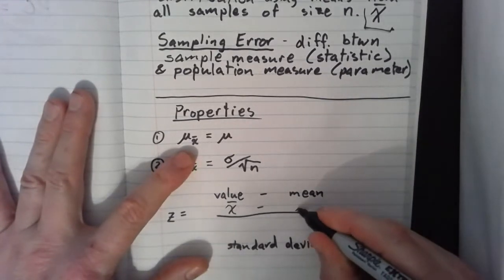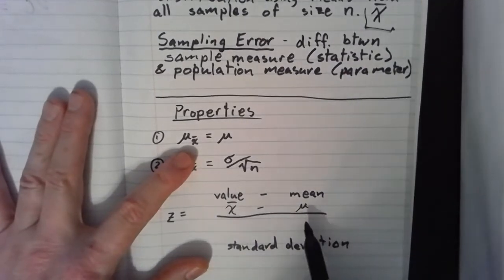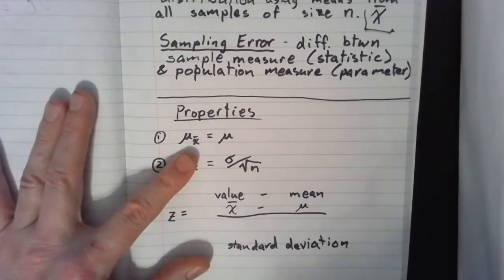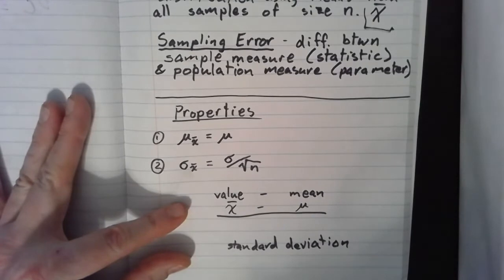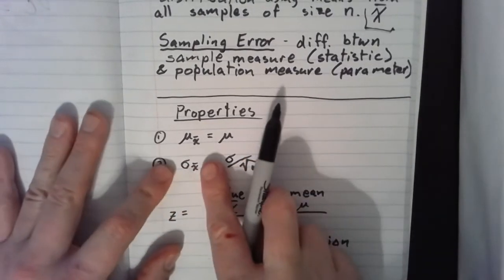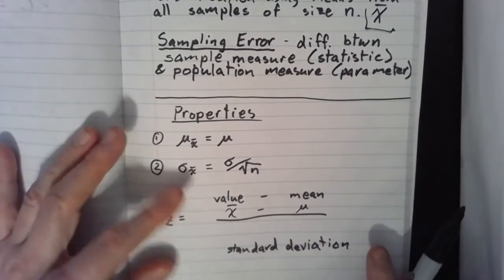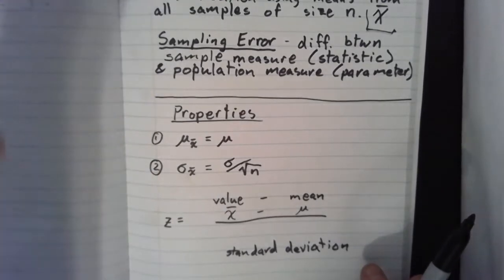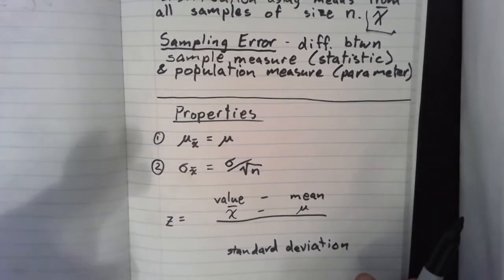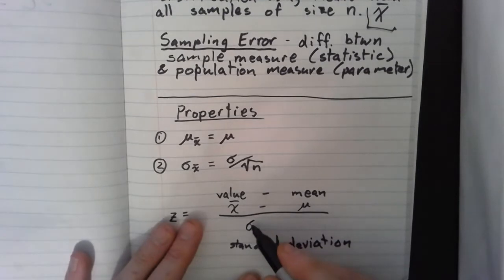But the nice thing is we don't have to put the subscript, because this mean and this mean are identical to one another. The bad news, though, is this. We can't just put sigma. The standard deviation for this new distribution, the sampling distribution of sample means, is sigma subscript x-bar, and that value is related to the original sigma.